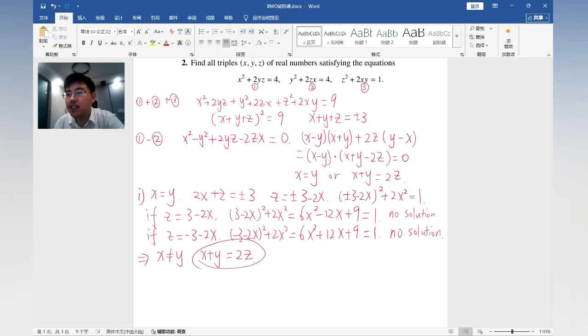So now we have this equation, and we replace x plus y with z. So we know z is 1 or negative 1. Z is 1 or minus 1.